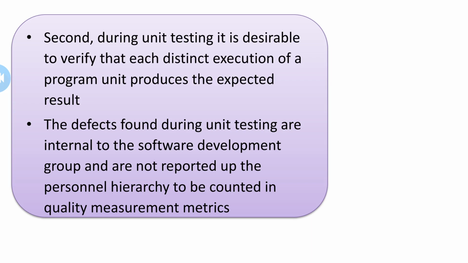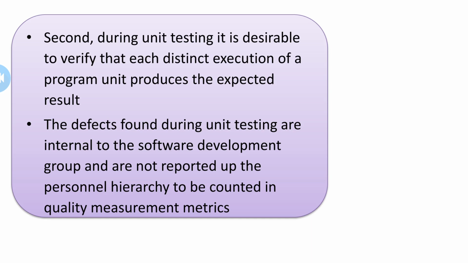Now, the defects found in unit testing are internal to the software development group and are not reported to the personnel hierarchy to be counted in the quality measurement matrix. The defects which come up, which are encountered, are referred to the quality assurance team. Again, this defect reported makes your test report.